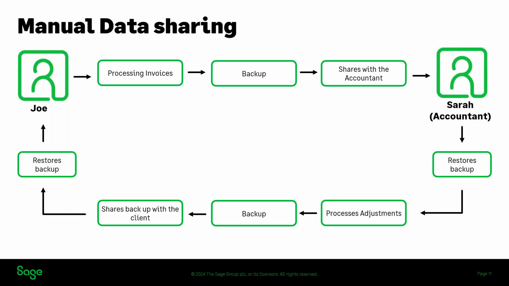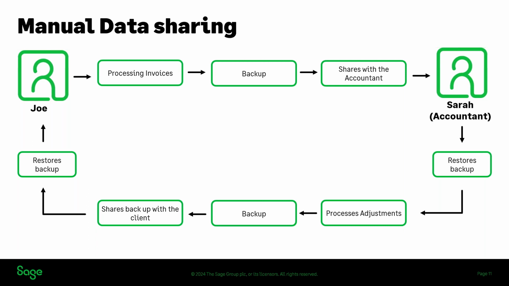Okay, so let's have a look at manual data sharing, what you might be doing now prior to using remote data access. You may have to share your data with your accountant, and it may look something like this. We've got Joe, who would process invoices in Sage. He would then take a backup and share this with his accountant, Sarah.